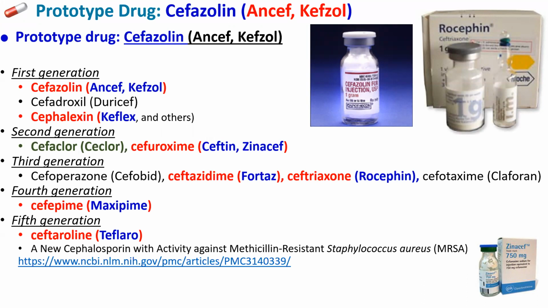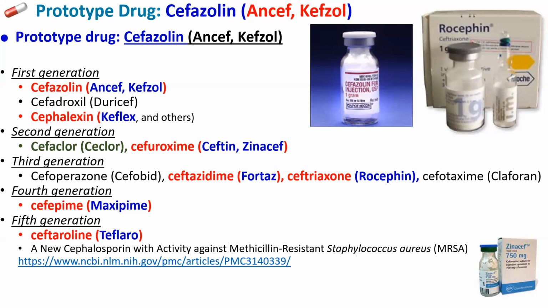The third generation is usually the preferred therapy for severe infections, and is highly effective and active against gram-negative organisms. They are able to penetrate the CSF. The fourth and fifth generations are usually effective against organisms that have developed resistance to earlier cephalosporins.